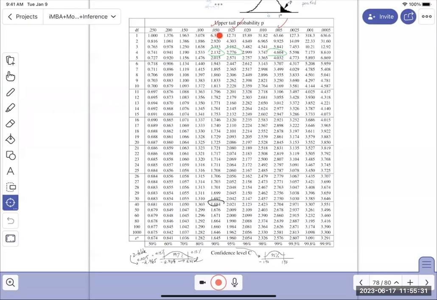So for 90%, the upper tail is 5. For a 95%, the upper tail is 2.5. And for a 99%, the upper tail is 0.005.